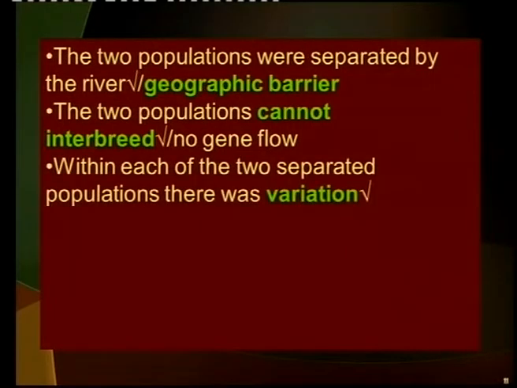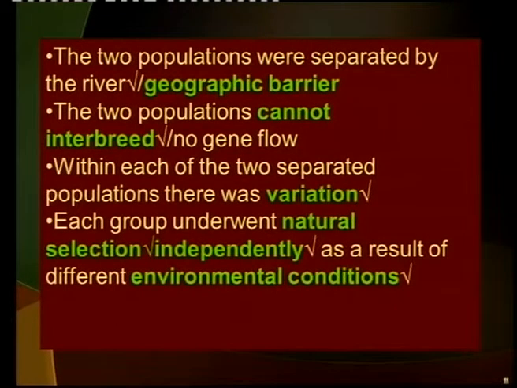Then, within each of these separated populations, you will find variation. It's always there from the beginning. So you must mention there is variation within both of these separated populations. Each of these groups will undergo natural selection independently.